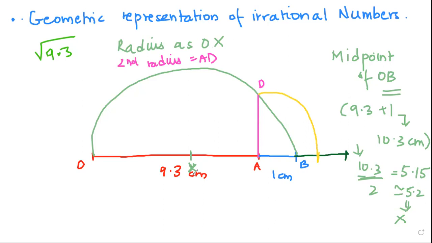Okay, we are done with our question then. So this distance, which is the radius? AD. Okay. So this distance, let me call this AP. AP is what is your root 9.3 units.